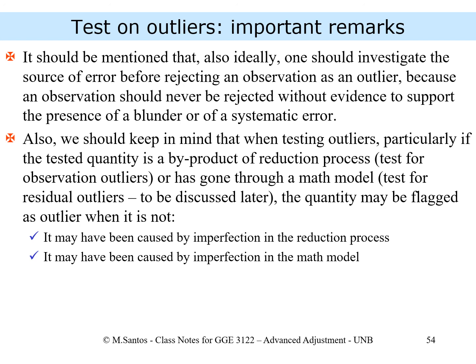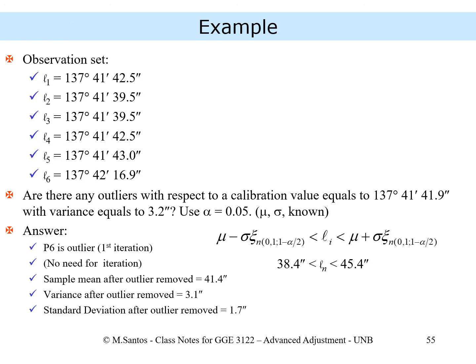So let's move along. Examples. Observation set. We are given 6 direction measurements. And the question is, are there outliers with respect to a calibration value that is given here?